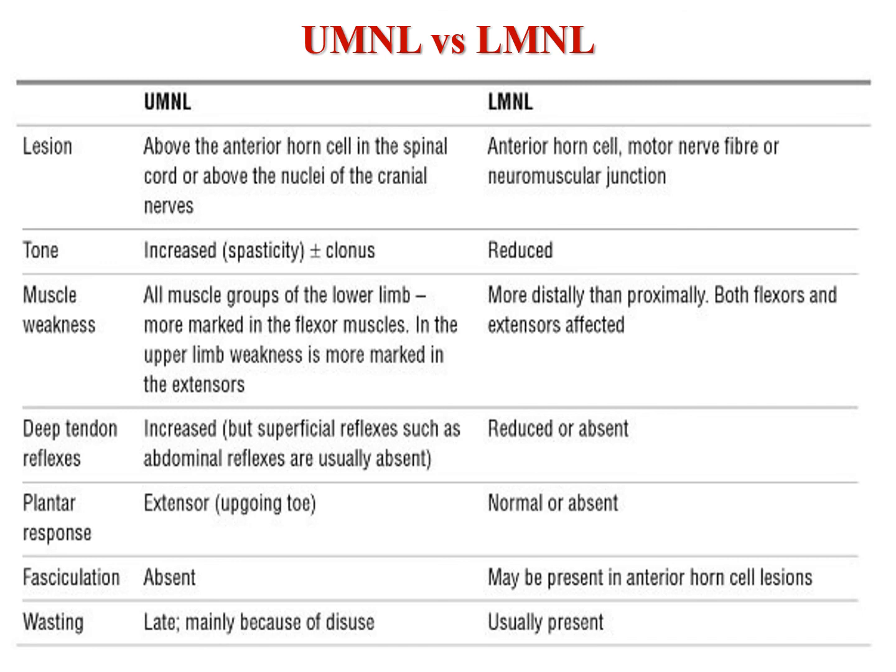Next point is the deep tendon reflexes or simply jerks. In case of upper motor neuron lesions, the jerks are increased or exaggerated, while in the lower motor neuron lesion they are absent or reduced.